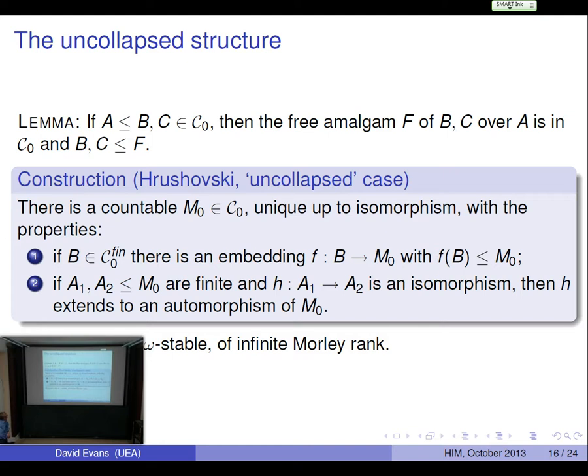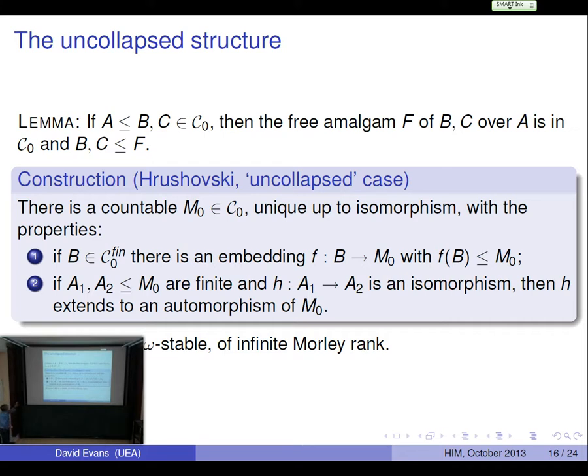Okay, so given that, you can do a Hrushovski type construction and show that there's a countable structure, M0 in C0, unique up to isomorphism by a sort of usual back and forth argument with the following two properties. First of all, if you take any finite hypergraph in C0, then this can be embedded as a strong substructure of M0. And secondly, you have this homogeneity property, too. If A1 and A2 are strong in M0 and are finite, and H is an isomorphism between them, then it extends to an automorphism. So it's just a classic Hrushovski construction.